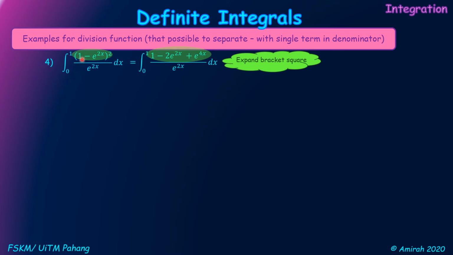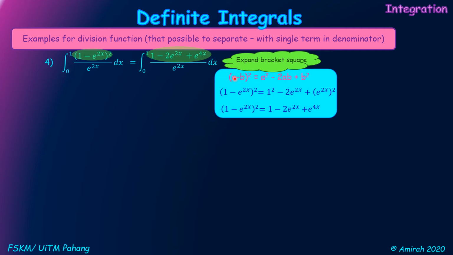Alright, when we expand 1 minus e to the power of 2x, bracket squared, we get 1 minus 2e to the power of 2x plus e to the power of 4x. We use this formula: from a minus b bracket squared, we have a squared minus 2ab plus b squared.